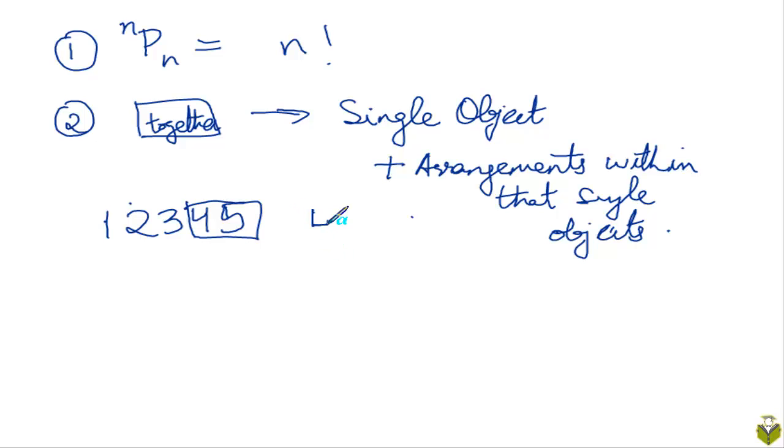So it will be 4 factorial with the arrangement of 4 and 5 as a single object, and within this object you have 2 factorial arrangements. So for this kind of question, of digits coming together, alphabets coming together, you should look at a single object and also the arrangements within that single object. So this is the takeaway from this question.